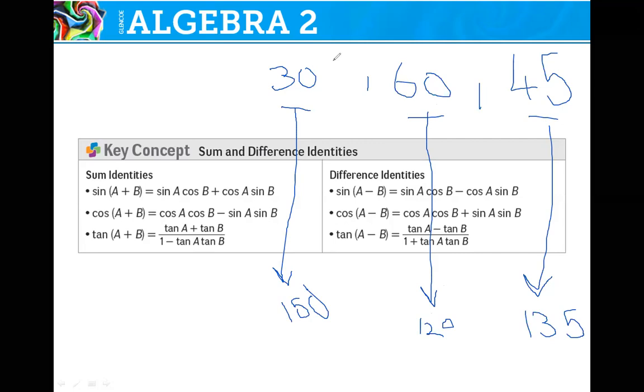So we always relate the given angle to 30, 60, 45, or to their corresponding angles in the second, the third, or the fourth quadrant.